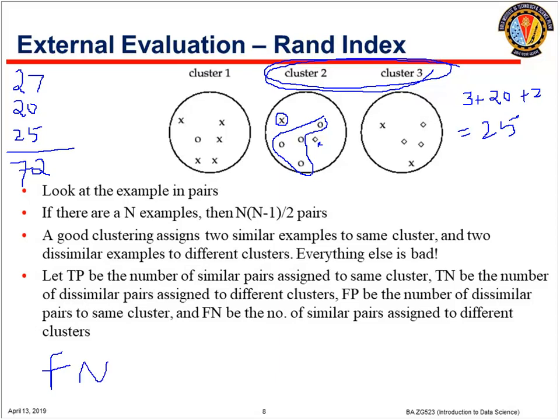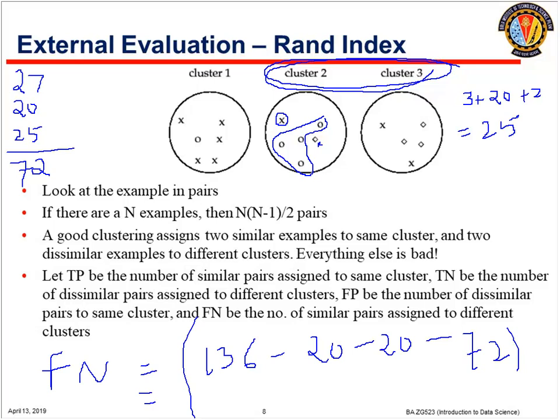There is no other pair possible. So 136 is the total pairs possible. Okay. Subtract the TP, then subtract FP, and subtract TN, that is 72. So this will give you FN.